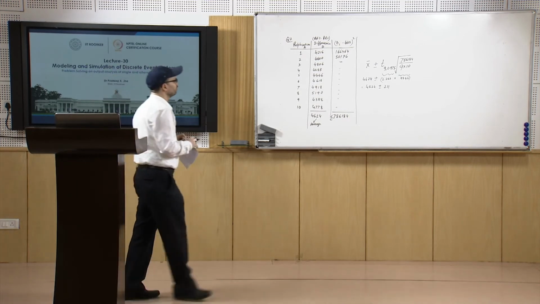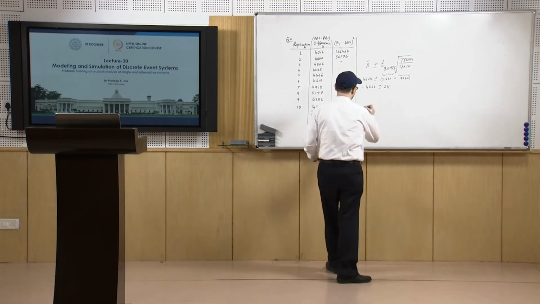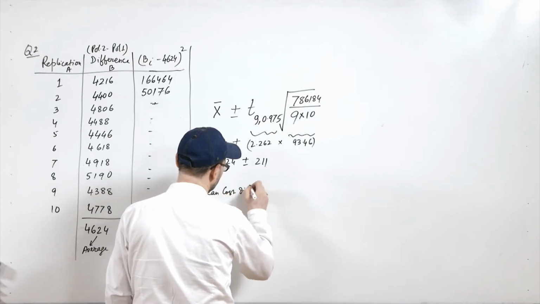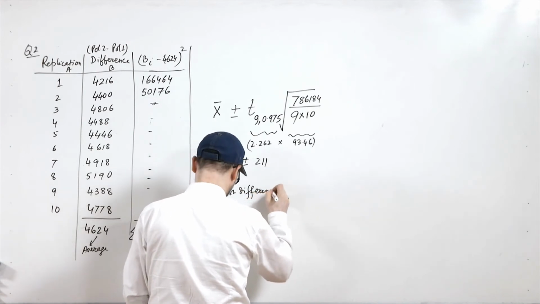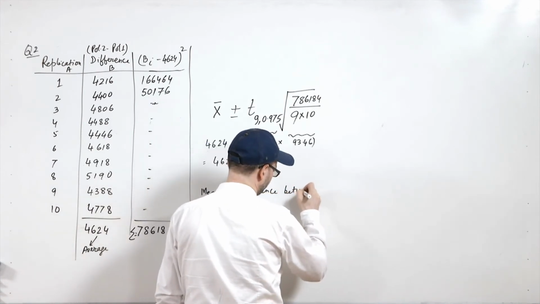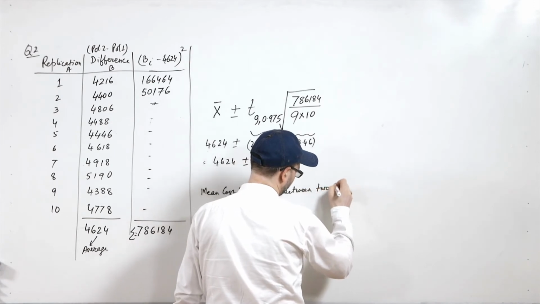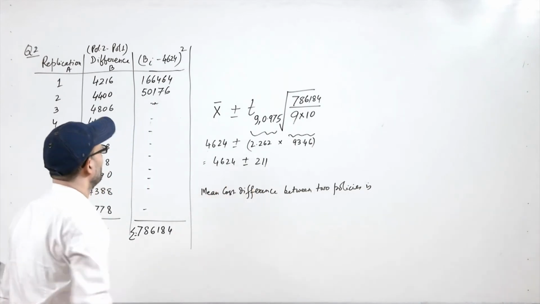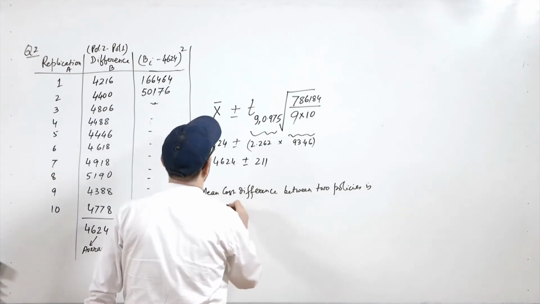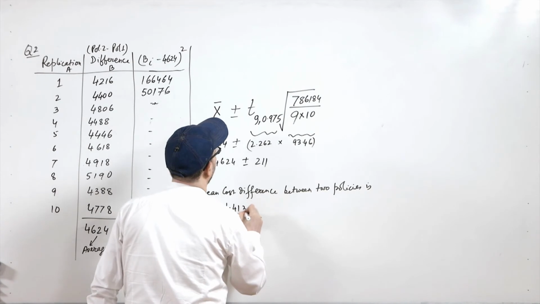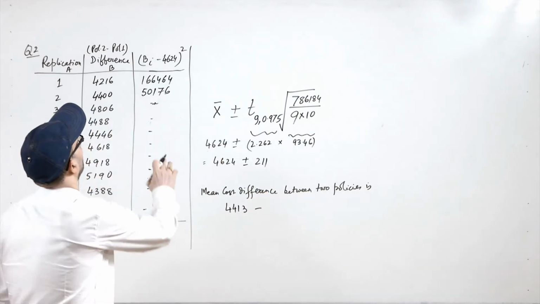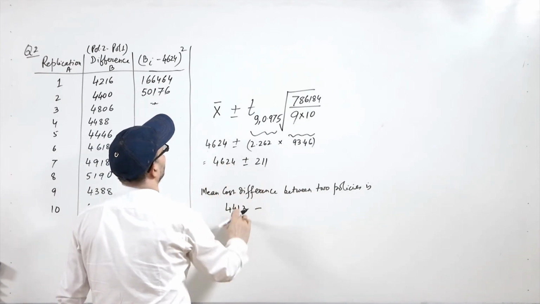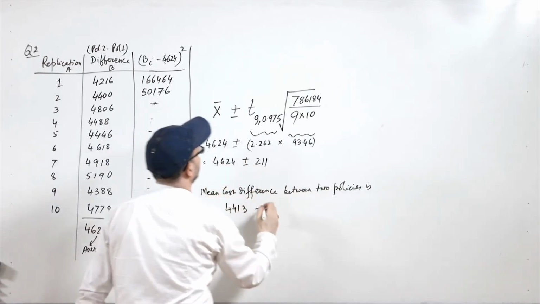Basically, we can conclude that the mean cost difference between the two policies is 4624 minus 211, so 4413, and then it will vary from 4413 to 4835.